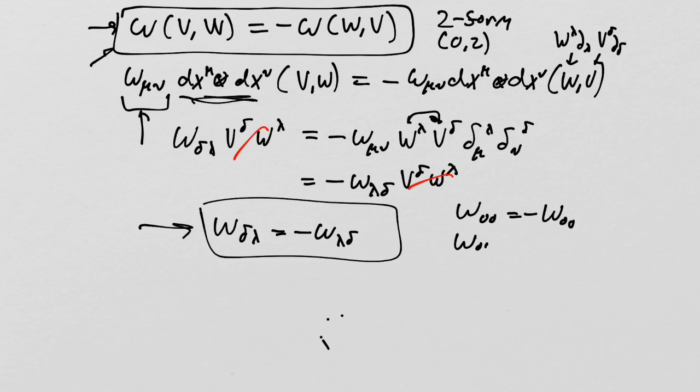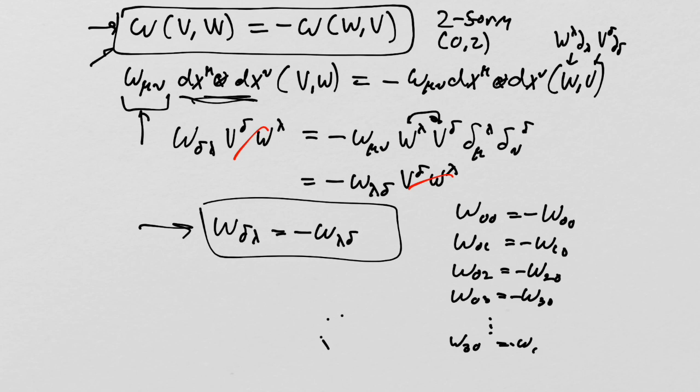And then you need omega 0,1 equals minus omega 1,0. Omega 0,2 equals minus omega 2,0. Omega 0,3 equals minus omega 3,0. All the way to omega 3,0 equals minus omega 0,3. There's a lot of redundancy when you write it this way, but it goes all the way to omega 3,3 equals minus omega 3,3.